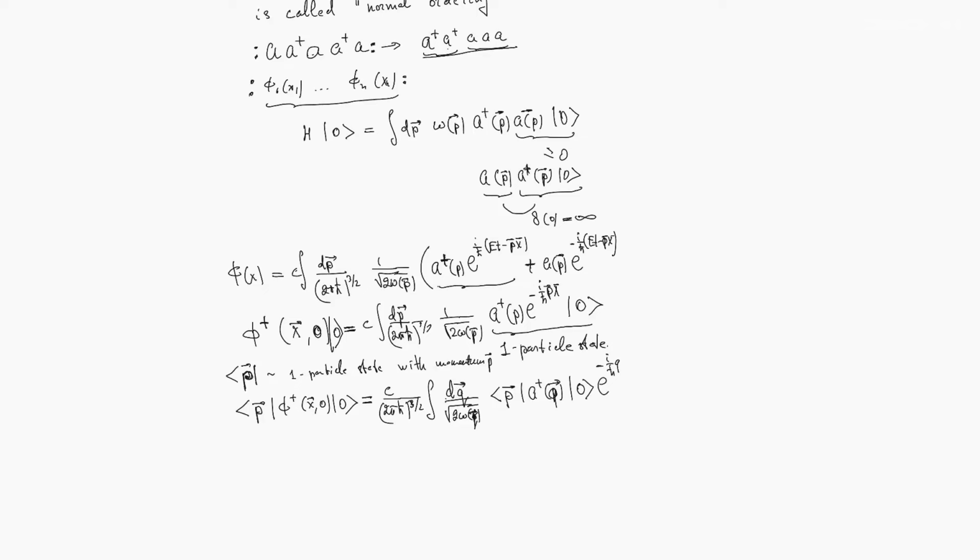So q is a running momentum, a dummy momentum over which we integrate, and p is some fixed momentum which defines this one particle state. And this quantity you can compute.